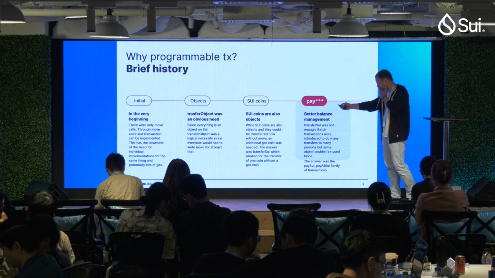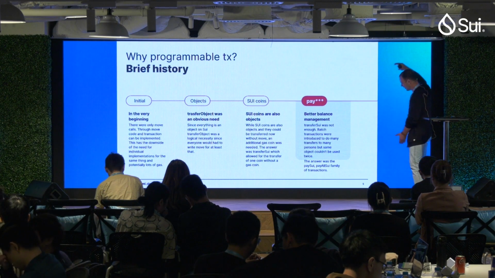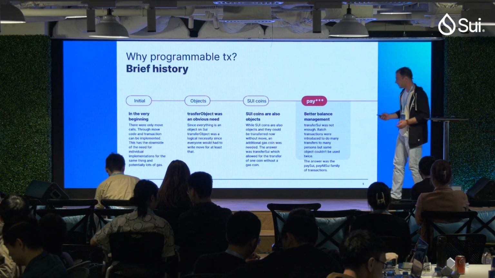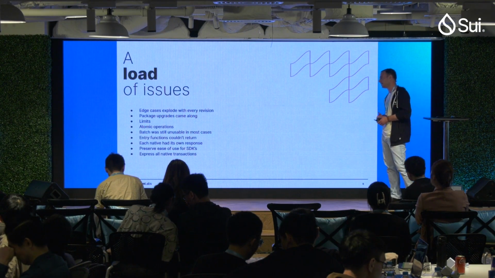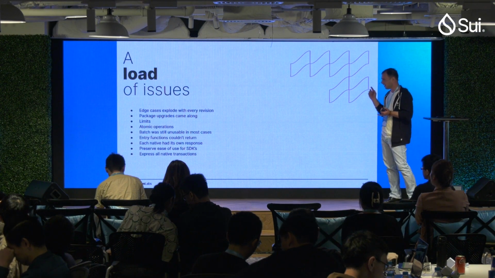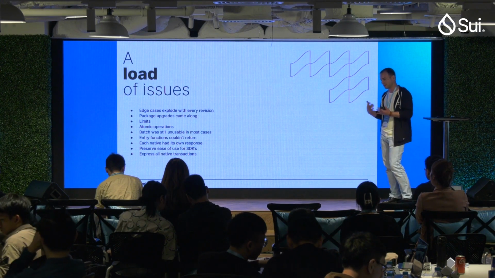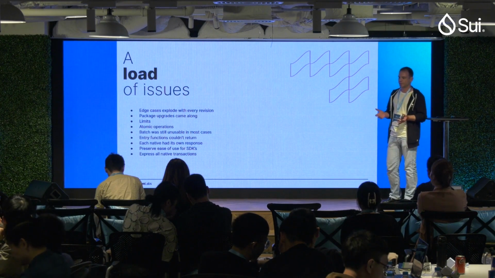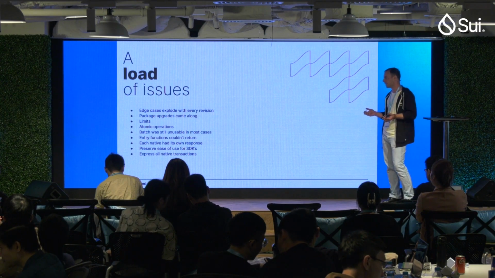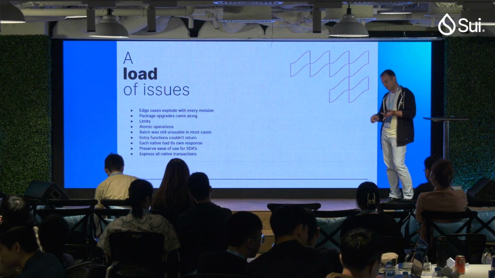But the problem is, if this timeline continued, everything would get larger and larger. There were a lot of issues. The edge cases: every time we did a revision, we realized we could add something more and something more. Everyone who does programming realizes that this is not sustainable, because the responses were different.